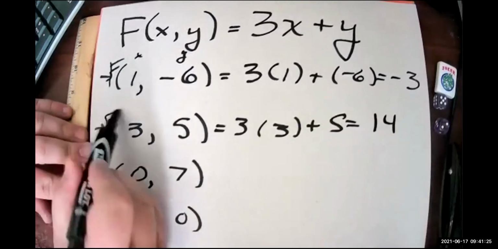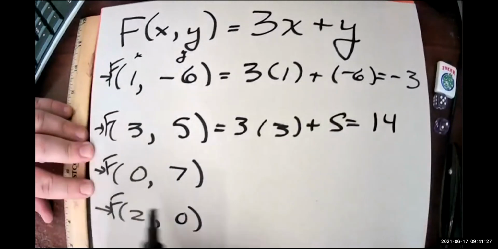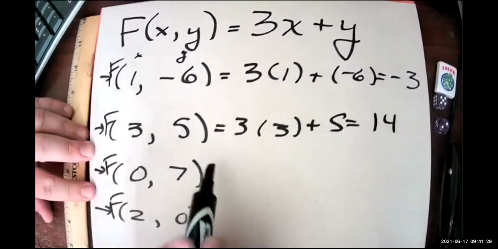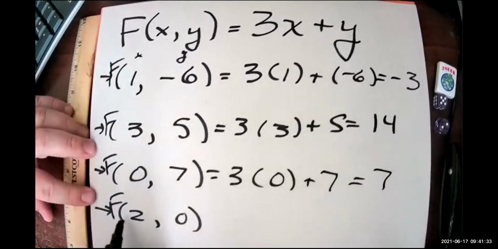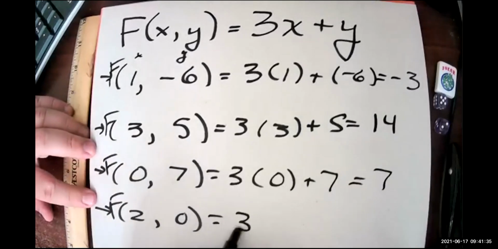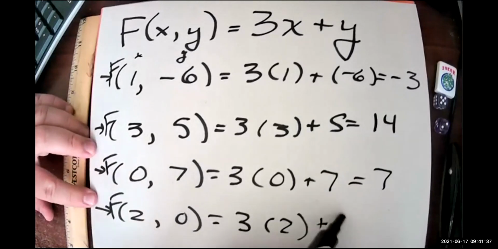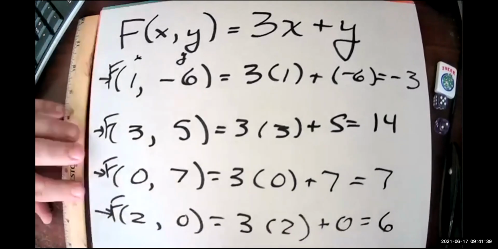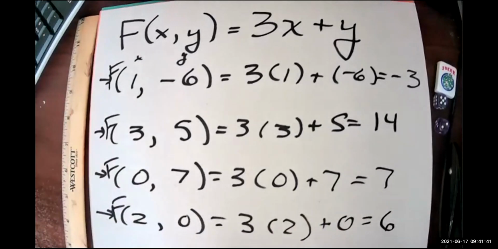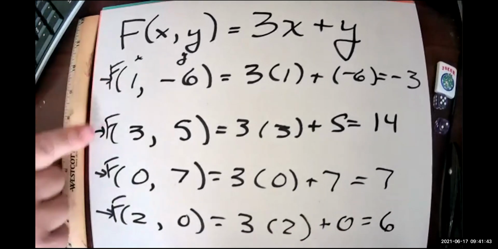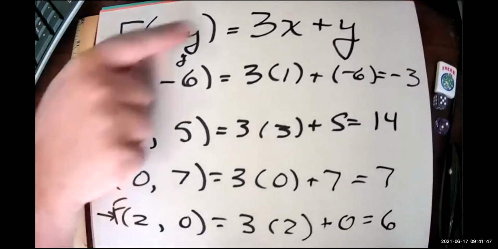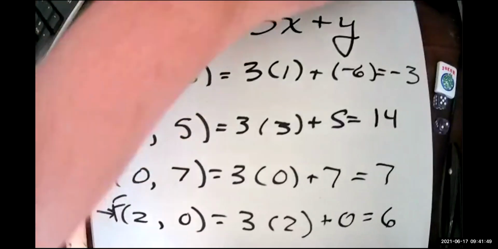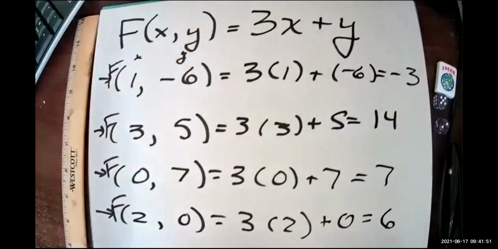Here, and I forgot to say, finding f of these, this one is 3 times 0 plus 7, which is 7. And this one is going to be 3 times 2 plus 0. Okay, so notice that for each of these corner points, I was able to substitute the x and y values into the objective function, and it gave me solutions.